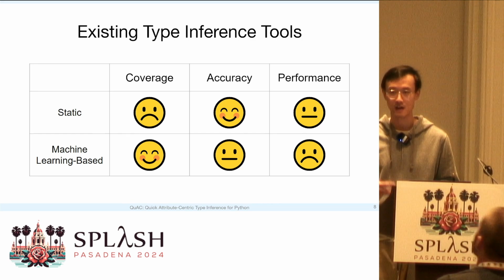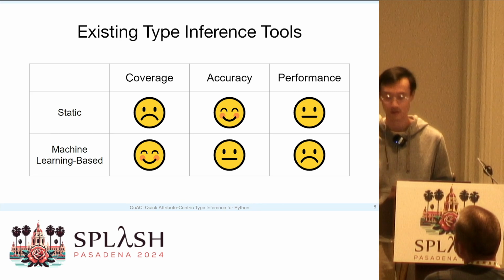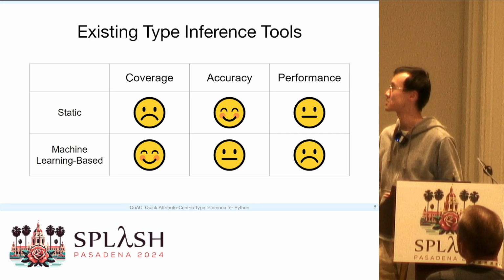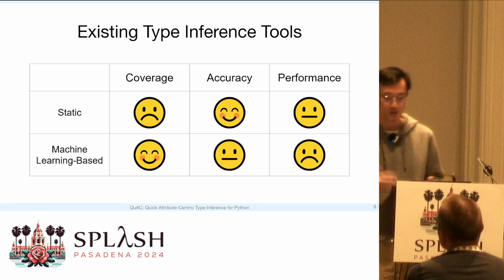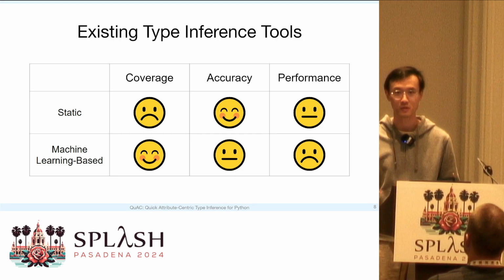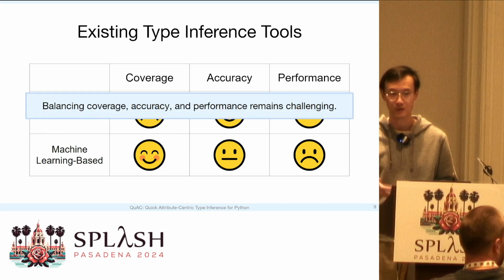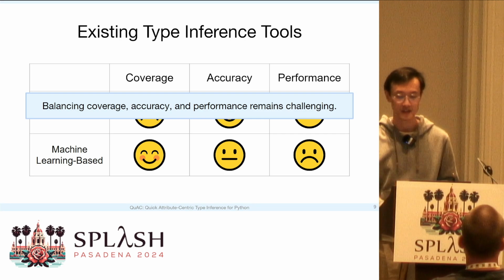However, they face out-of-distribution generalization challenges and cannot guarantee type correctness. Furthermore, they may incur significant performance issues, such as immense requirements for computation and energy, especially for large language model-based methods. Thus, finding a balance between coverage, accuracy, and performance remains challenging.